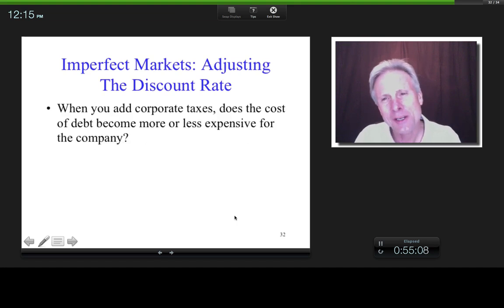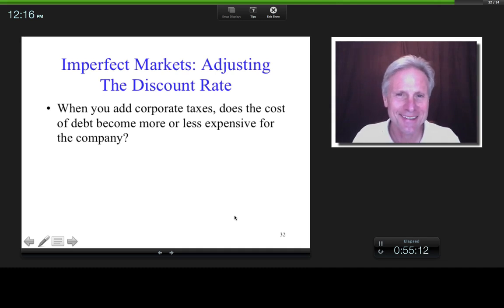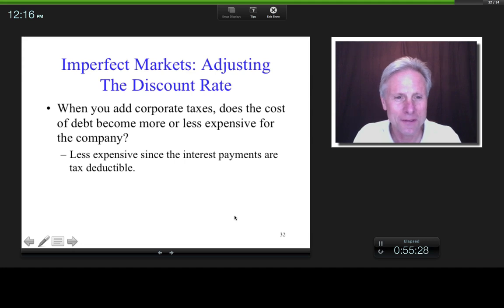But now let's add in corporate taxes. When it comes to debt, in a sense, is the government picking up part of the tab for the cost of debt? They are, right? And why is that? Well, because interest payments are tax deductible.